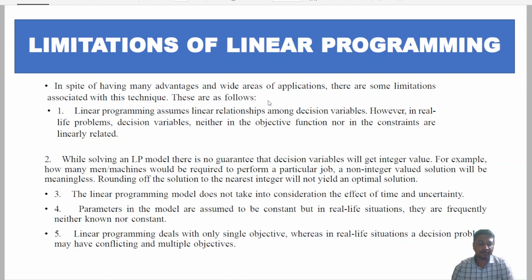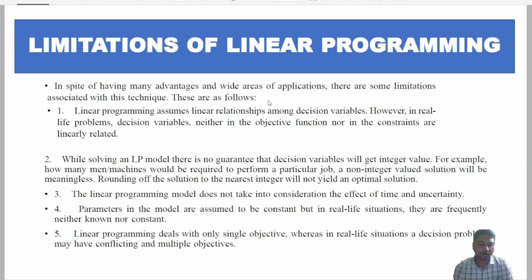So, linear programming is a powerful optimization tool that helps in making the best possible decisions under given constraints. Its applications range from resource allocation to financial planning, supply chain management, and industrial production.